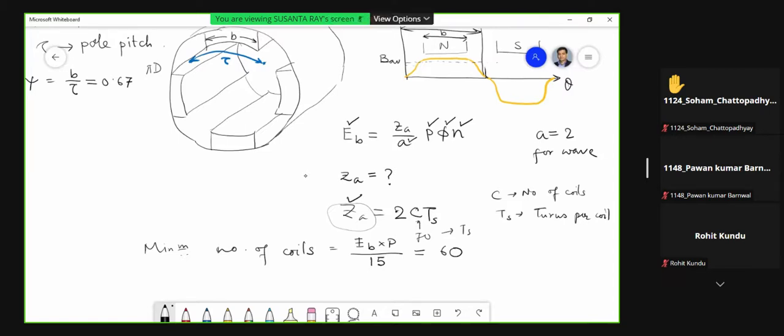In my case, the minimum number of coils is coming as 76, but if I'm taking 97 coils, then the turns per coil is coming as 2.01. Yes, sir.